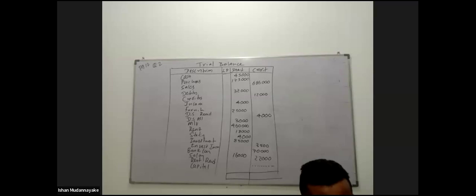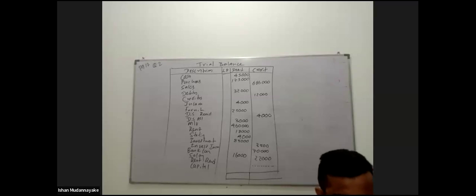Right. And how much is the debit side total amount? 867,000.